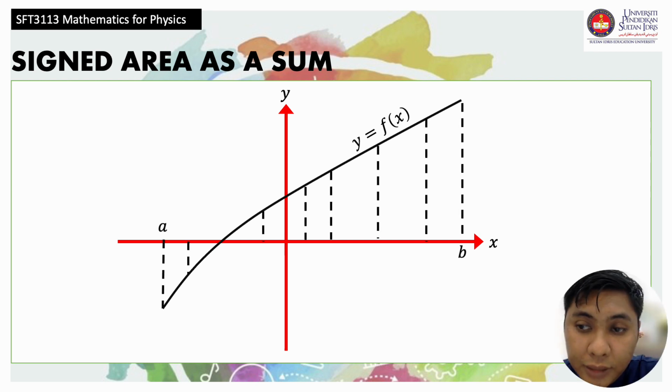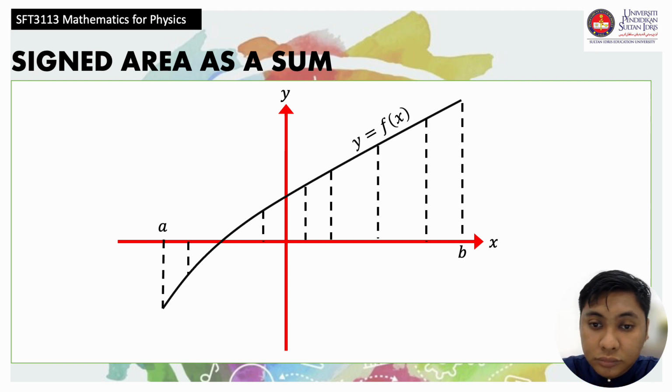Then we split it into multiple fringes. This is what we call a fringe. So we split into multiple fringes, and assume that all the fringes have the same area and size.